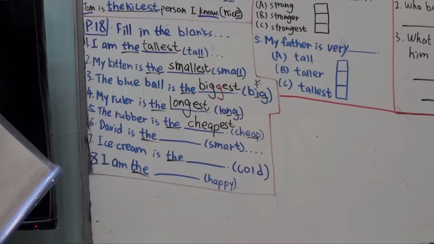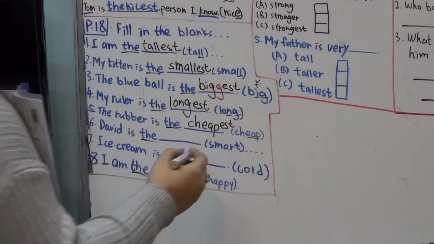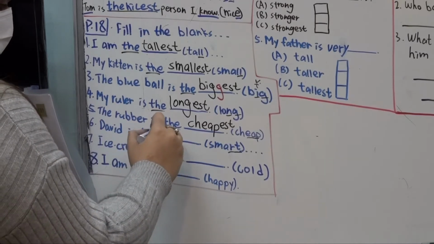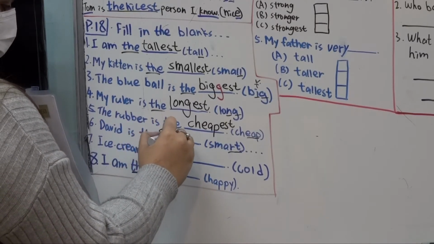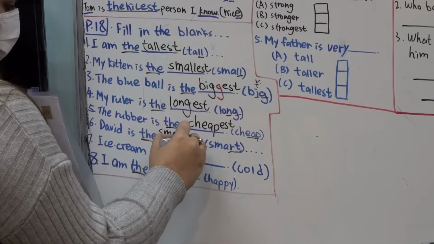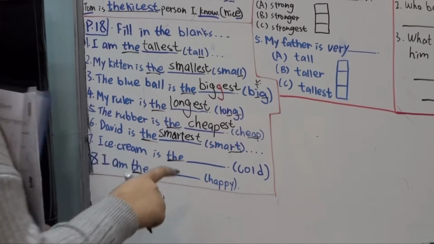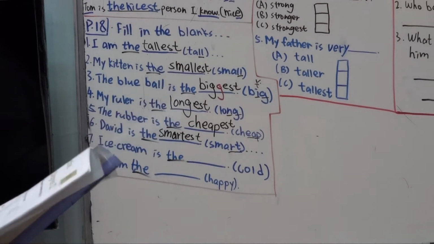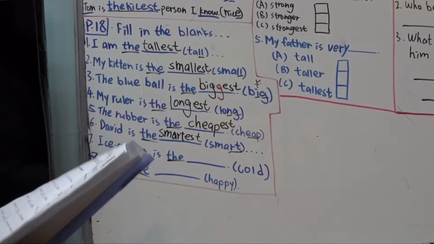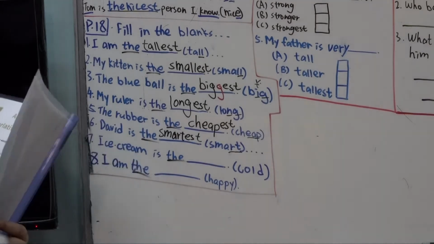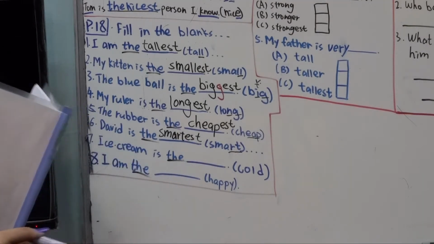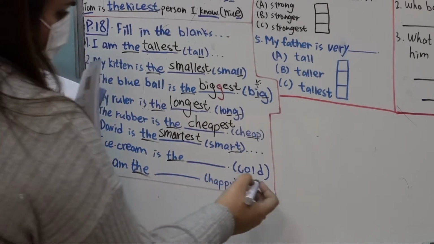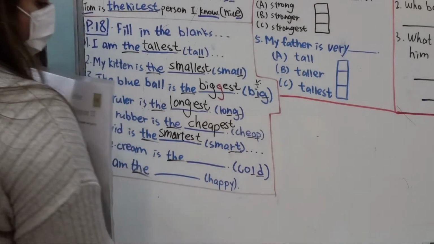David is the smartest. Consonant, consonant. Right? So we just add EST. David is the smartest in the class. Remember to read with me, okay? Number 7, let's read. Ice cream is the coldest. Anything special?